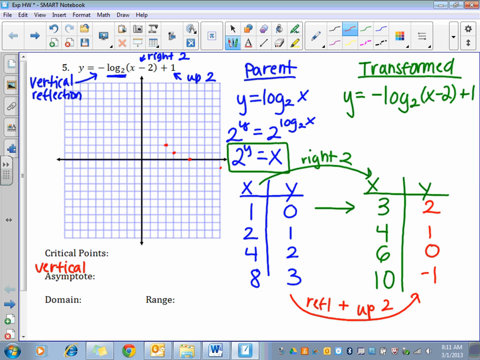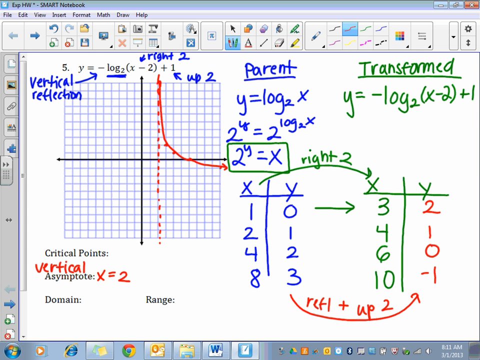It would be at x equals 0, but since I've made a horizontal translation to the right, now it's at x equals 2. Then I will dash my asymptote. So I remember how I need to curve my graph. And remember, it's going to approach this line as close as possible, but it will not pass it.